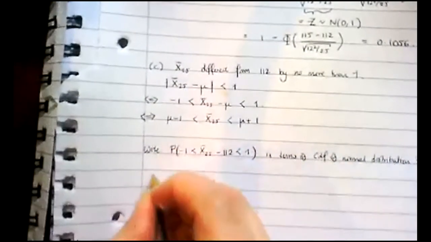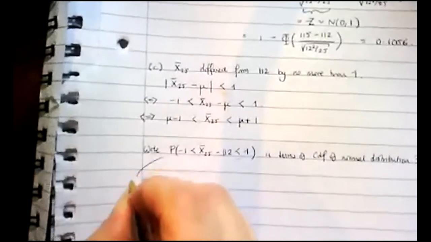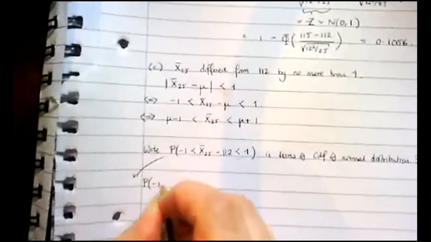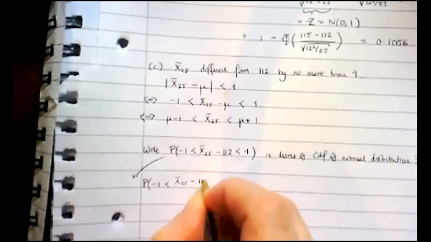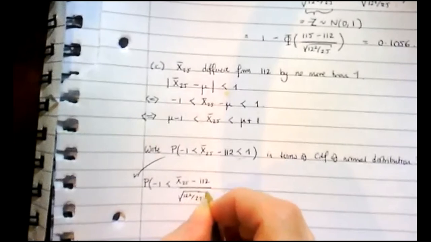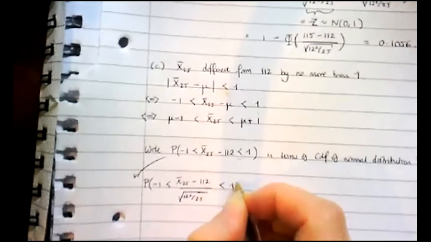Never mind. Okay. Right. So yeah. So let's standardize first. So this one, minus 1, X bar 25 minus 1 divided by square root of 12 squared over 25. I just said divided by 25. And then these have to be divided by the same factor.